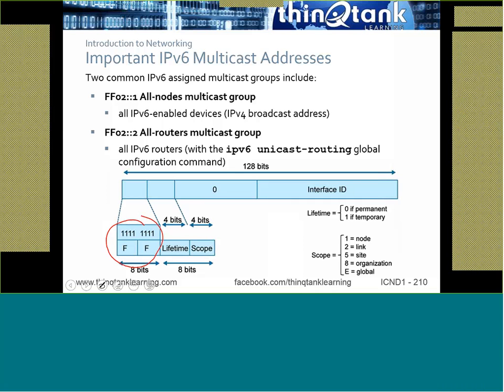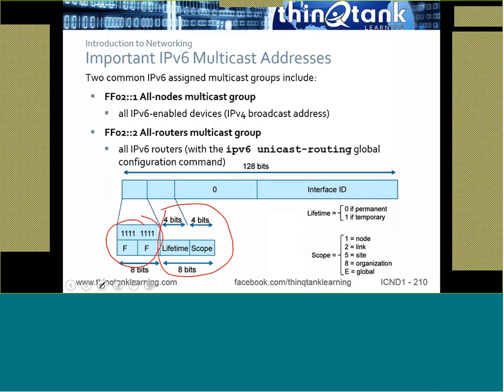But it's a little bit different because the next 4 bits and the 4 bits after that allow us to define the time to live for that multicast traffic, what we call scoping of multicast. And honestly, I don't want to really get into the details of that right now. If we have time in a future lesson, I'll talk more about multicasting in IPv6.